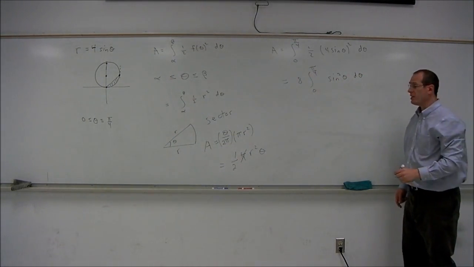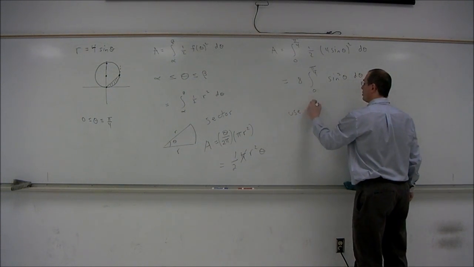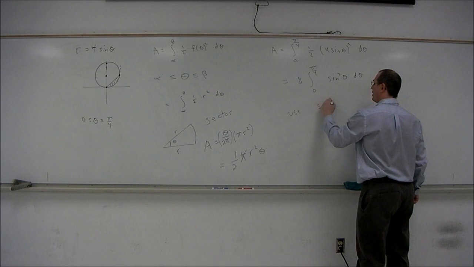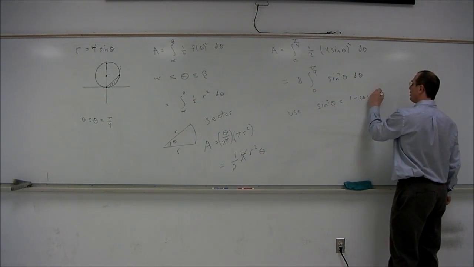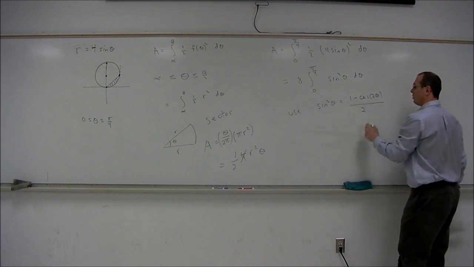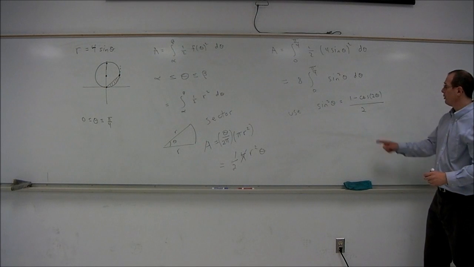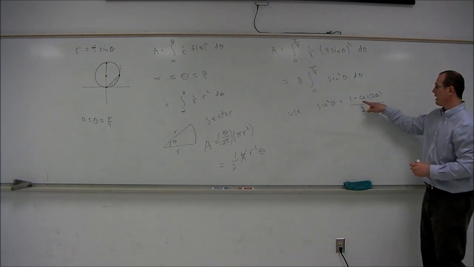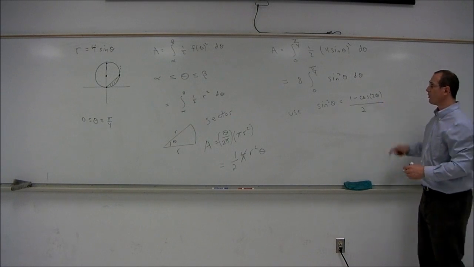So this is a nice integral. To integrate sine squared theta, we have to use the trig identity. Sine squared theta is equal to 1 minus cosine 2 theta over 2. So substitute that in, and then we will have an integral of the first power of the trig function, which is no problem.